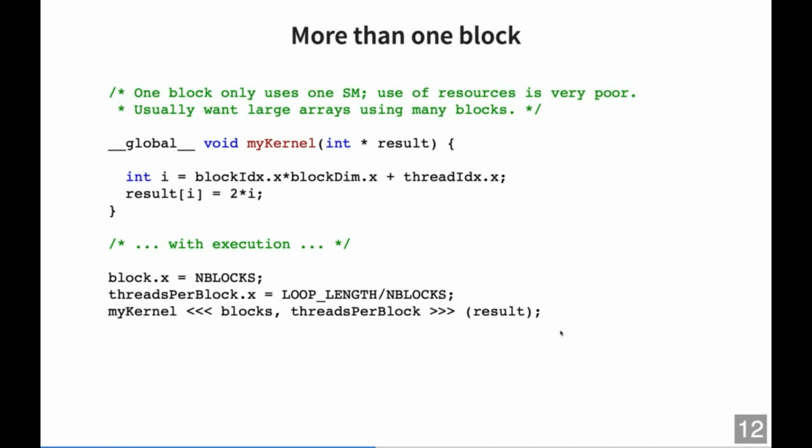So that introduces two more of these special dim3 variables: blockDim, which is the number of threads in each block in the x direction, which we've set down here, and blockIdx, which tells us where the current thread is in the block picture, combined with the threadIdx.